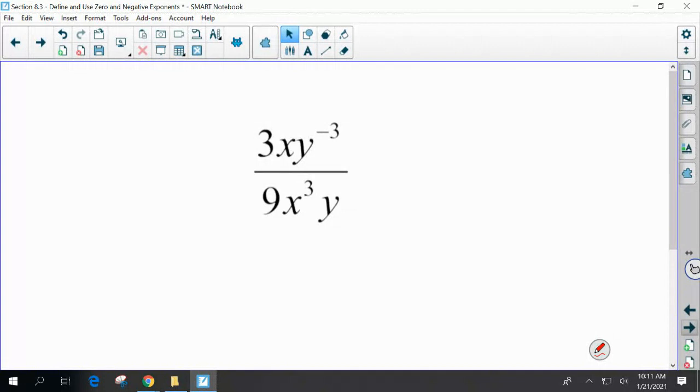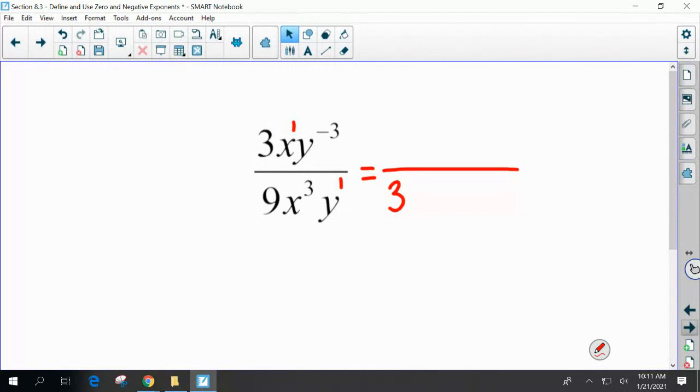Okay, so with this problem, we are going to use the quotient property. So this is really an x to the first power and a y to the first power. So first I'm going to simplify 3 over 9. So 3 over 9 would turn into 1/3, and I don't really need that 1. And then I'm going to do quotient property.